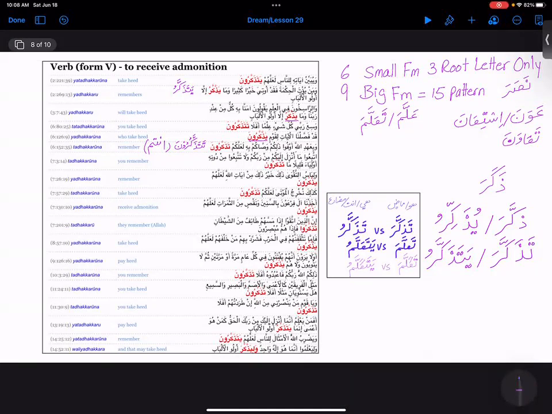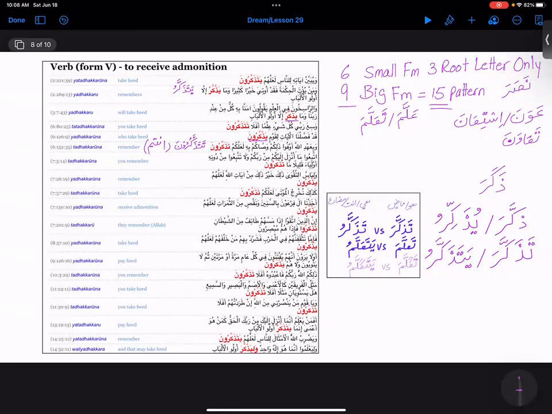Then we will learn 9 big families. So altogether we will know 15 different patterns for madi and for mudariya, subhanallah.